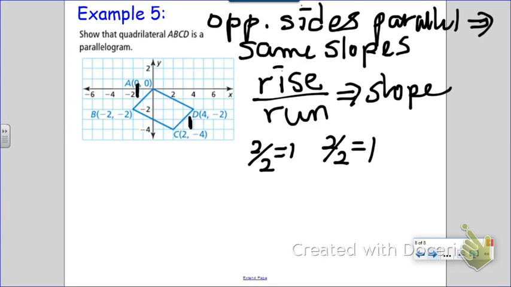On the other side, we're going to the right and down or up and left, so rise over run is we're going up 2 units and to the left 4.